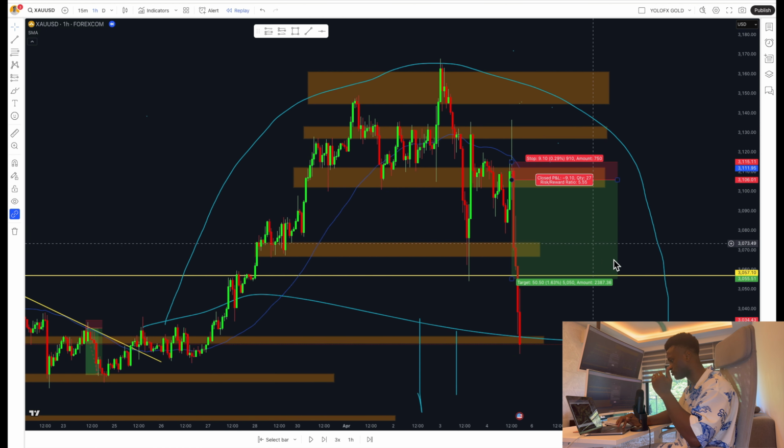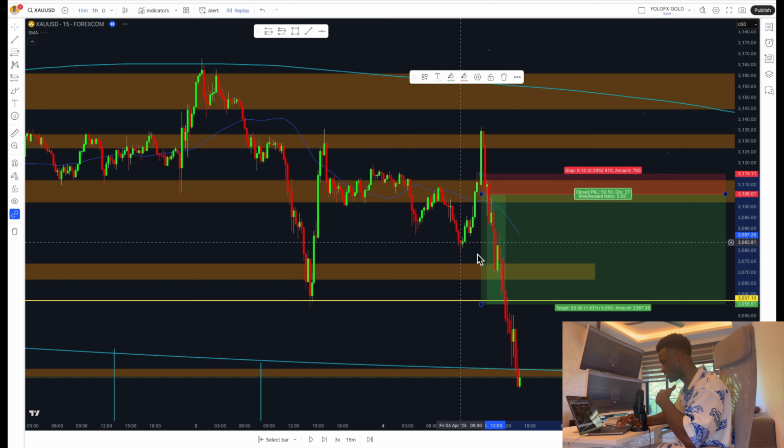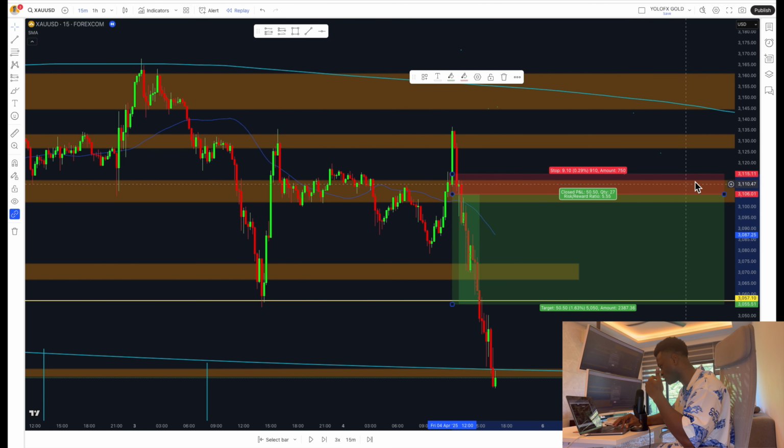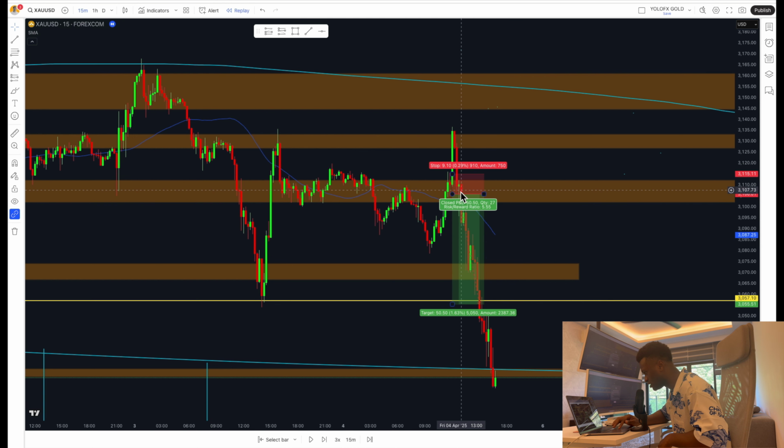The market plays out easily. But one thing you need to understand is that this takes time. It's not going to be something that easily moves directly in your direction once you consider all these things. So as you can see, the market reached there, then moved in our direction.